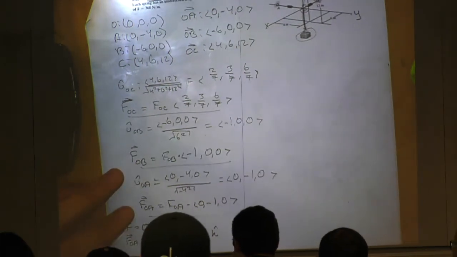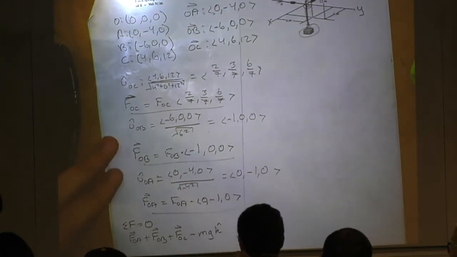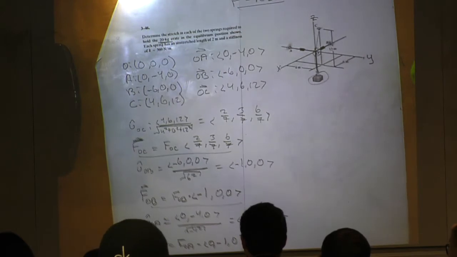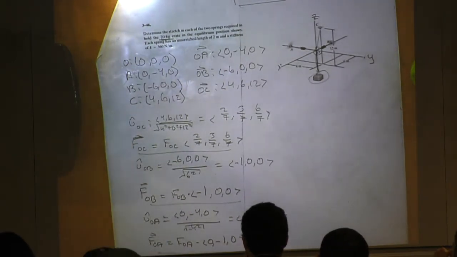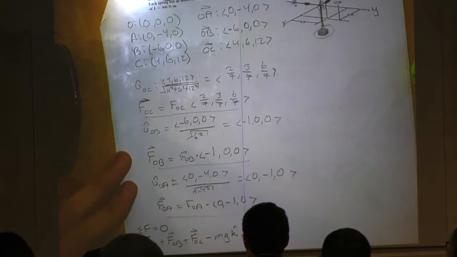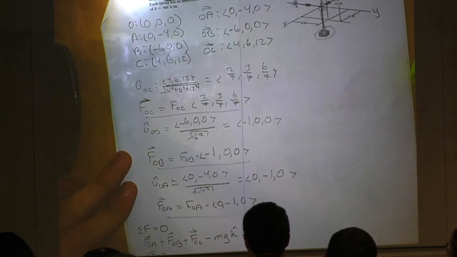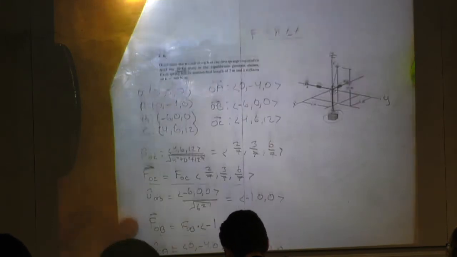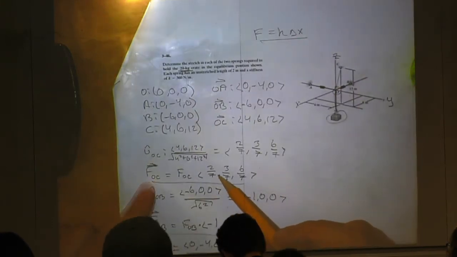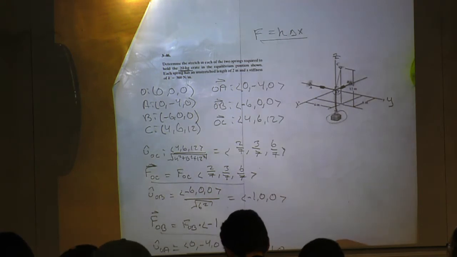My equation is going to get a little more complicated, but to get a general idea, I can split this into x, y, and z. The sum of the forces in the x has to be equal to 0. What are my components in x? Here I have an x component, here I have an x component, here I don't.